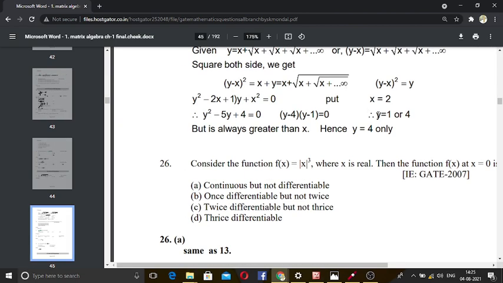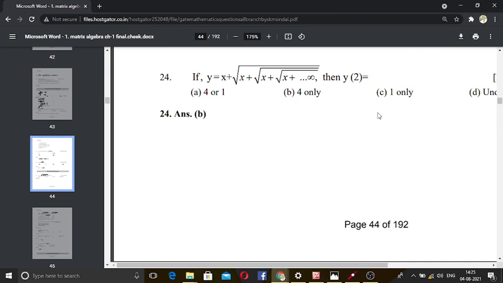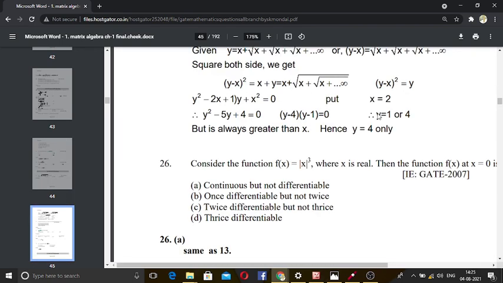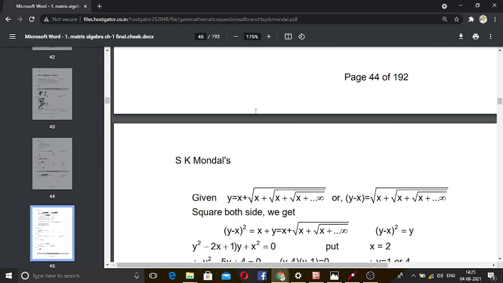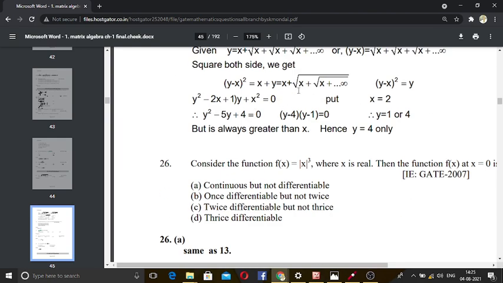I think this is our question. You can tackle this question simply. I have solved it already, but okay, don't worry, I will look at this question. I have to find y of 2.